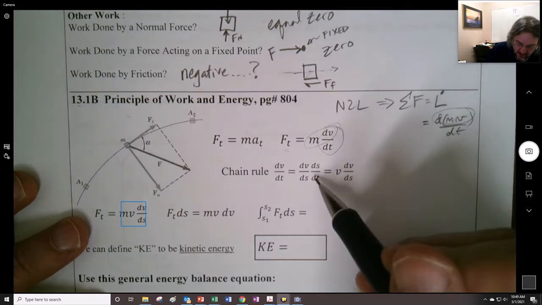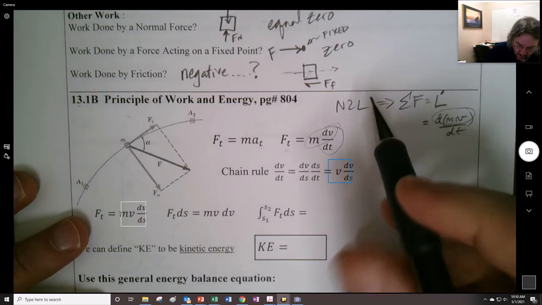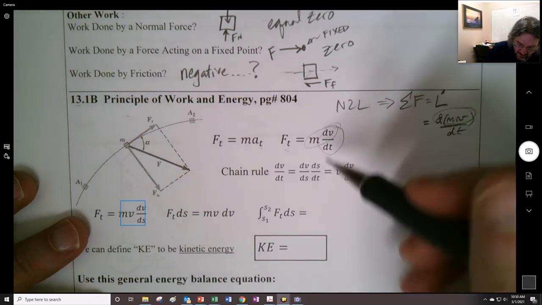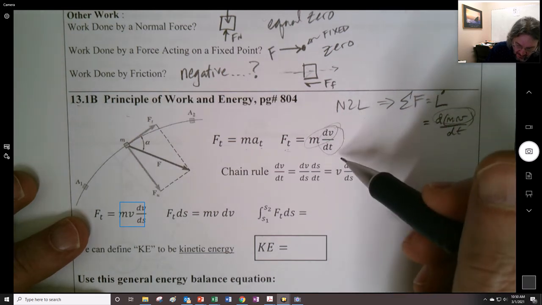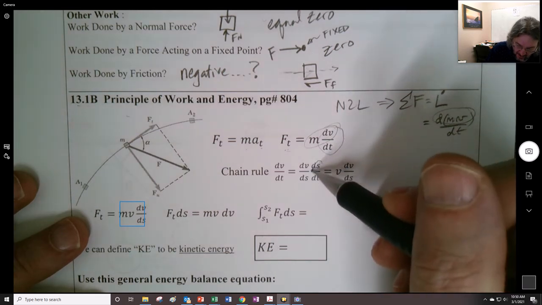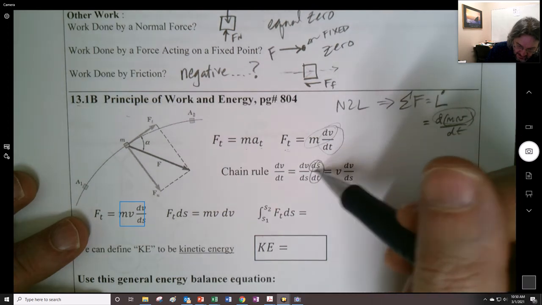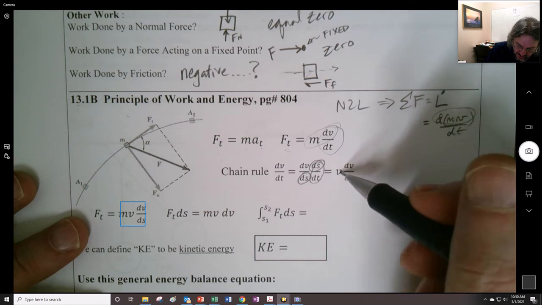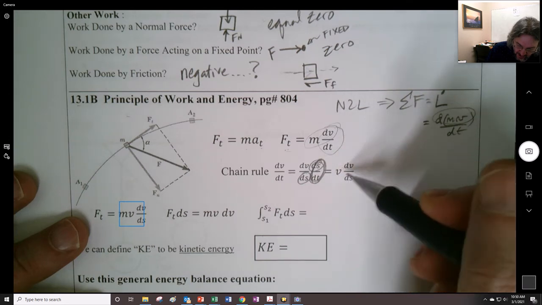We could use the chain rule as part of this right here and see that we have this right here, right? ds, d right here, that we have, I'll also say that this right here is going to be v, velocity, right?